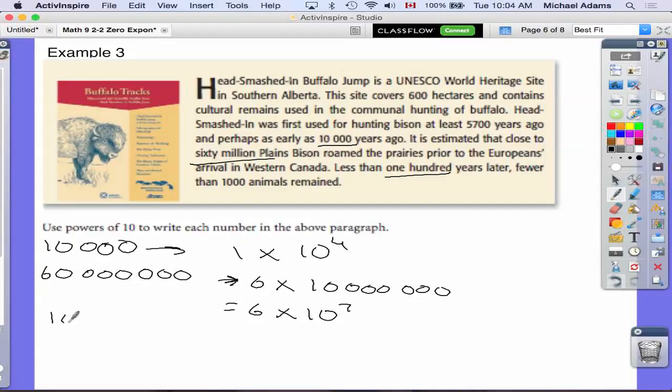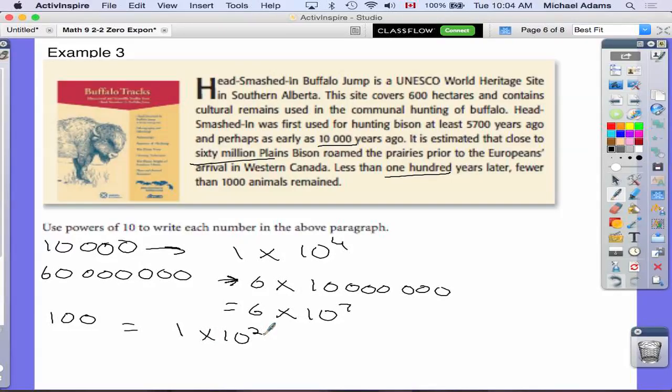So what is this now as a power of 10? Oh, you're close. We want to write it like a power of 10, kind of like what you see up here. 10 squared is needed, but what are we missing? Because the number is 100, it has to be 1 times 10 to the exponent 2.